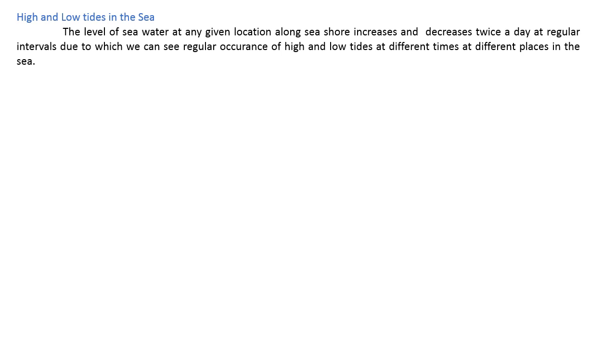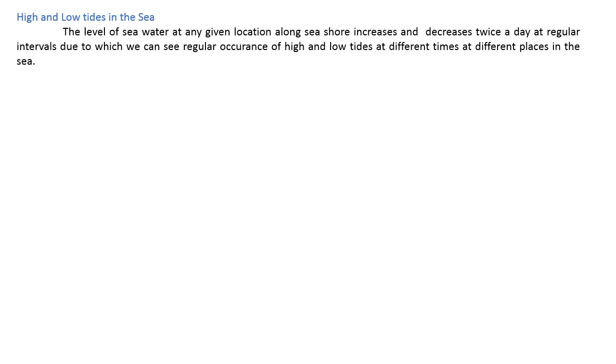Now our next topic is the high tides and the low tides in the sea. Everyone likes to go and visit the sea during the weekends or holiday times, and whenever we go to the sea we can see high tides and low tides. So how are these high tides and low tides taking place, how is it happening, that is what we are going to see.